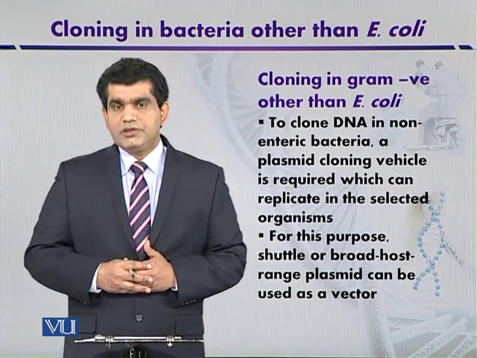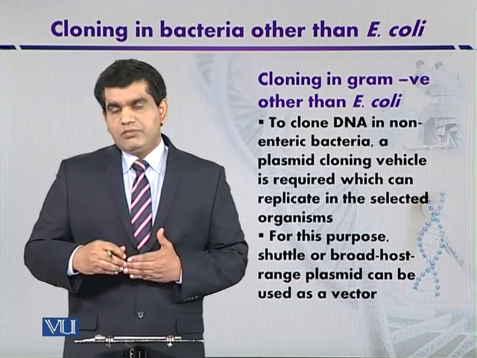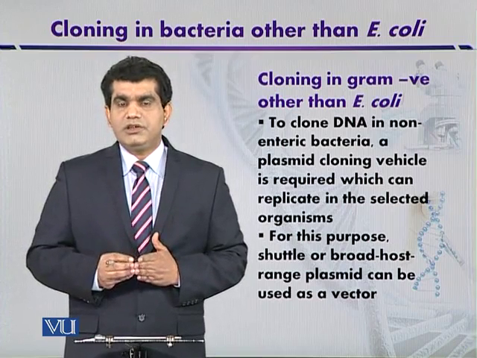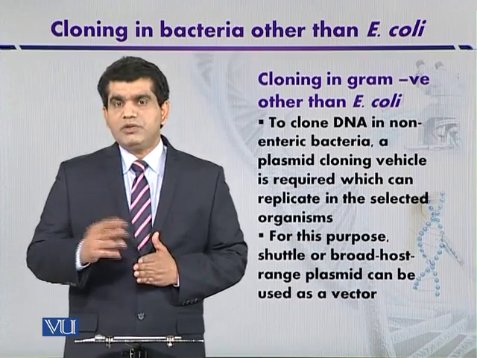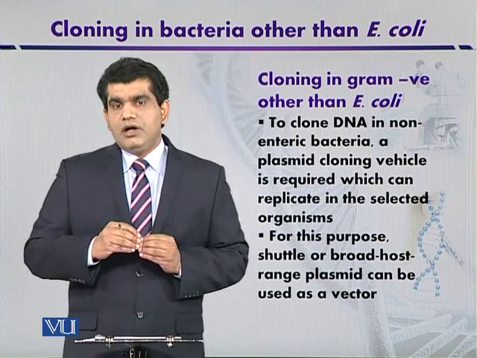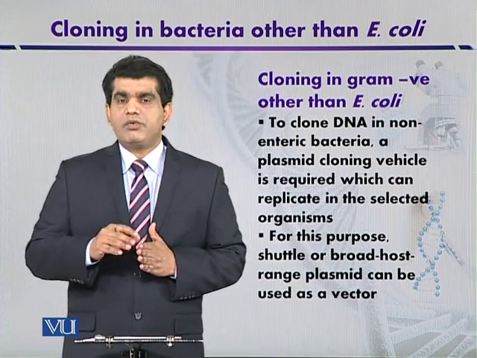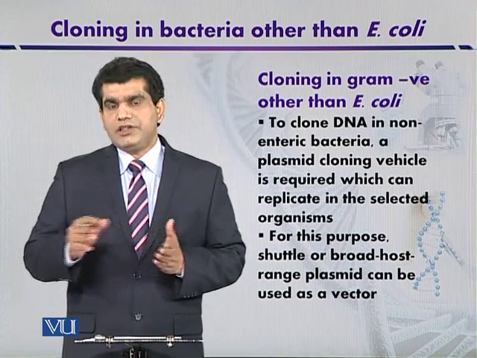For this purpose, sometimes we have to develop a shuttle vector that has the ability to replicate in two different hosts, or a vector or plasmid having broad host range activity.